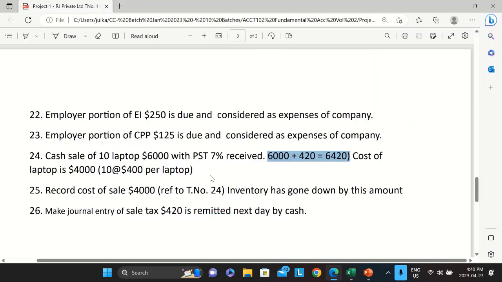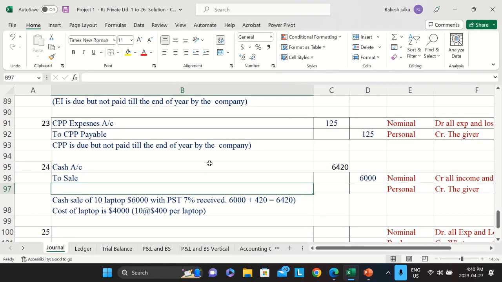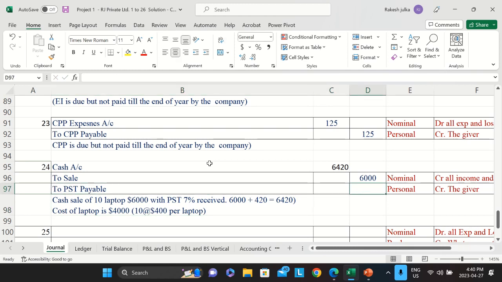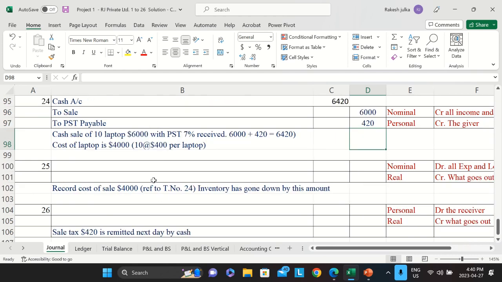Next, so here that we have received something, we have received the PST, the sale tax. So sale tax that we have received, definitely we will give this sale tax PST, provincial sale tax, to the government later on. So this is a payable, so we are going to write here payable. So PST payable, how much this is? This is 420. So the 24th transaction is completed.